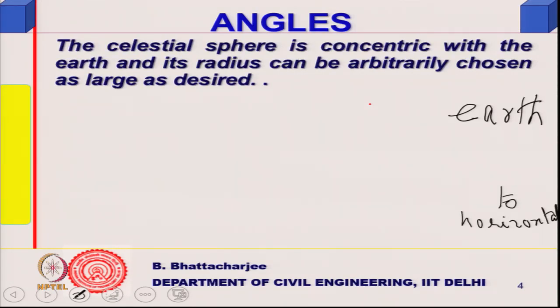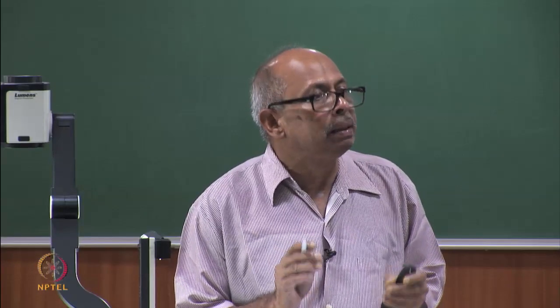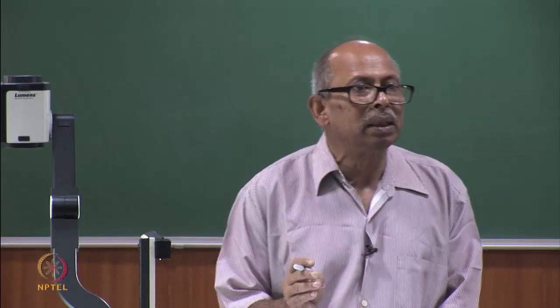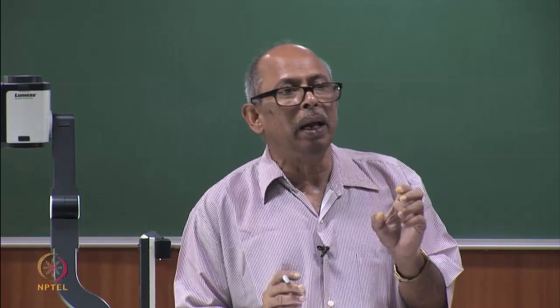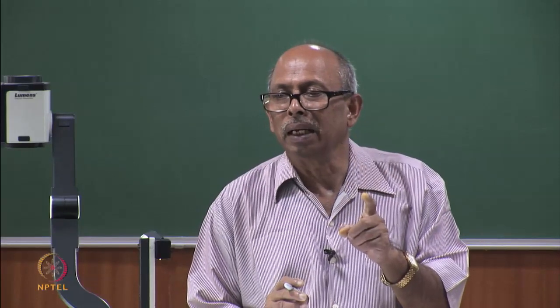Celestial sphere and spherical trigonometry, which is required to relate altitude and azimuth angle to declination. As we said in the last class, sun's position is governed by altitude angle and azimuth angle.